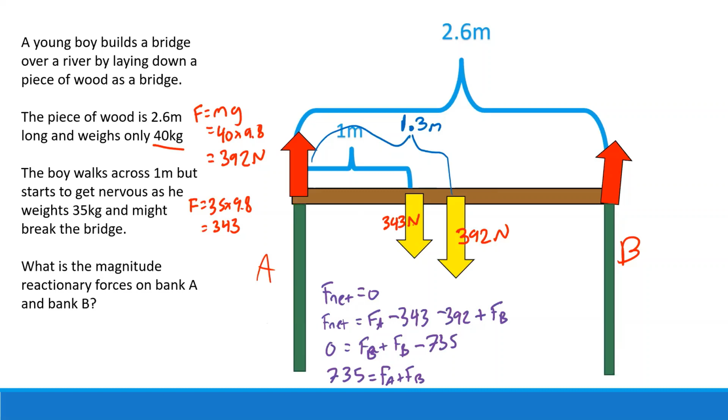You could say the normal force has to be 735 newtons, or else the wood would start sinking into the ground. So that gives us a good first number we can use. But that doesn't tell us what the reactionary force on each bank is. That just gives us a total force.